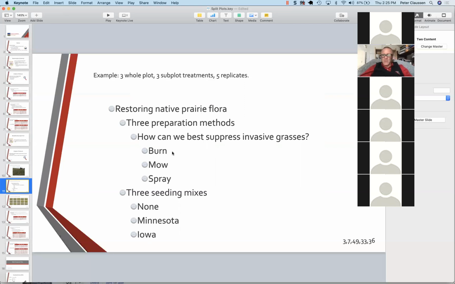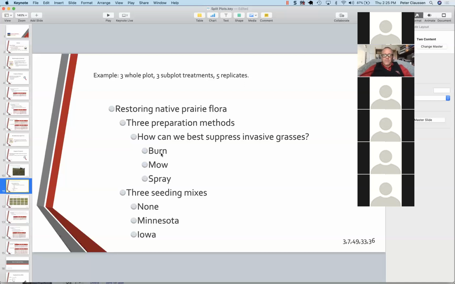But what should stand out a little bit to this experiment, and what makes this a split plot design, is if I have 3x3, which is 9 total treatments, in 5 replicates, that implies a 45 plot experiment.